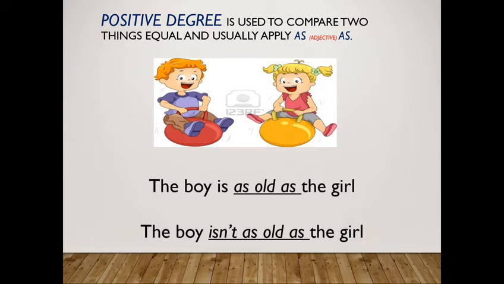And how about in a negative sentence? That's similar. The boy isn't as old as the girl. Between "as", you must insert an adjective, a pure adjective. Have you got it? Good.